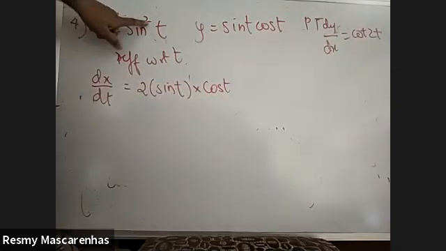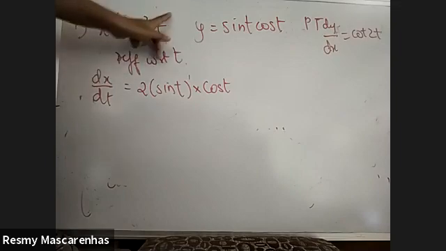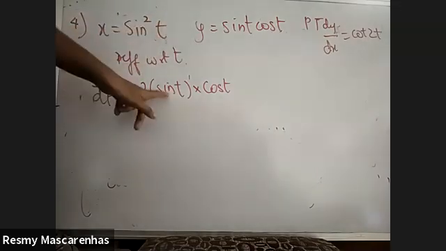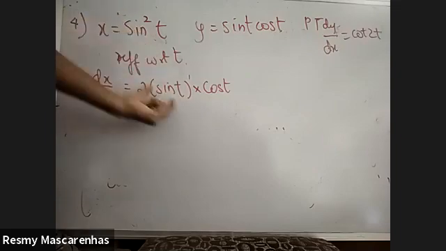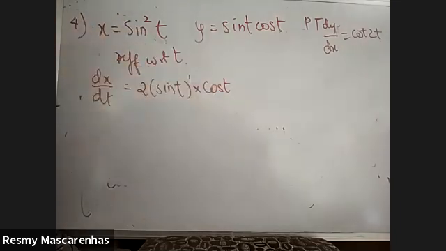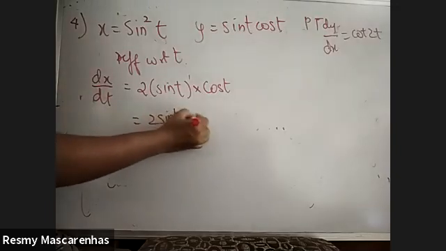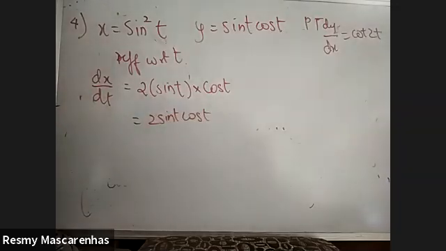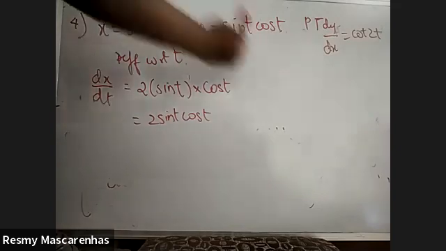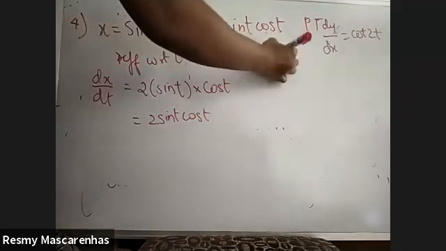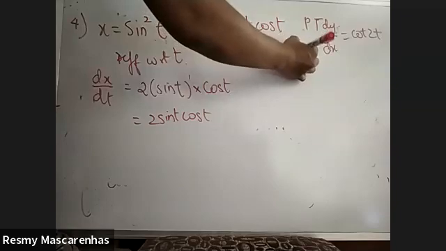This square means what? Sine of t the whole square. And derivative of x square is what? 2x into extra derivative of sine, that will be cos. So this is nothing but the answer, 2 sine t cos t. Same way, differentiate y also with respect to t.